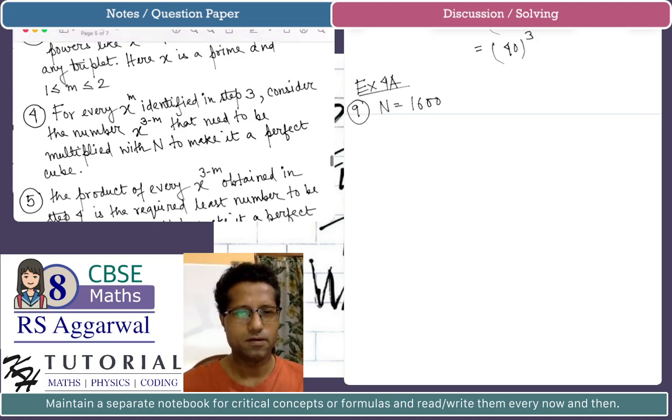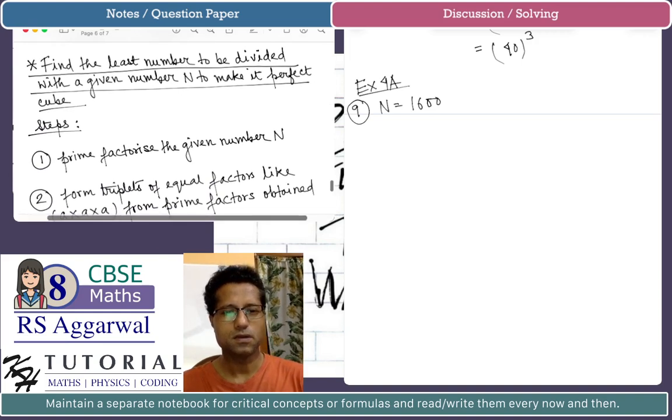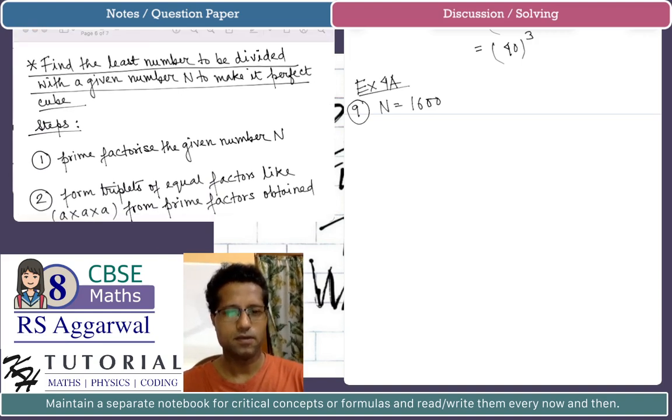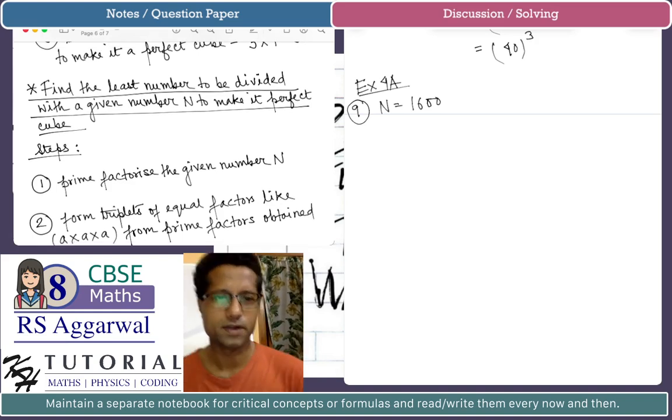For that, we have to understand the concept, that is, the steps involved in solving this kind of problem: the least number by which a given number must be divided to make it a perfect cube.